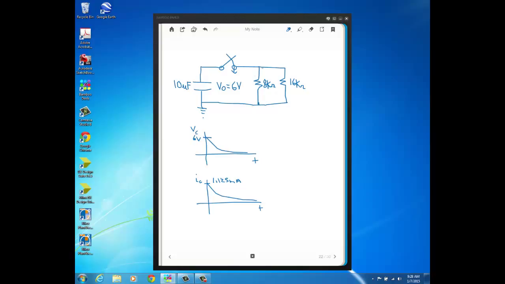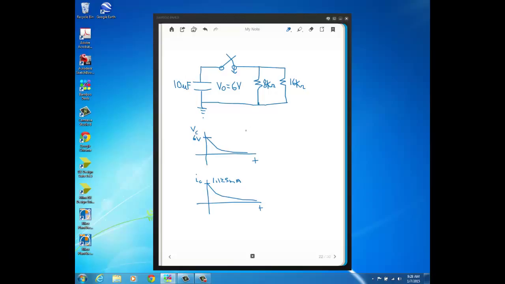Now to get where these curves end up, we just use some of our circuit knowledge. Once this switch closes and connects this initially charged capacitor to this discharge path, since the discharge path only has resistance, given enough time, namely 5 time constants, all this stored energy is going to be dissipated as heat by these resistors. So there's really no steady state analysis to do in this particular case.